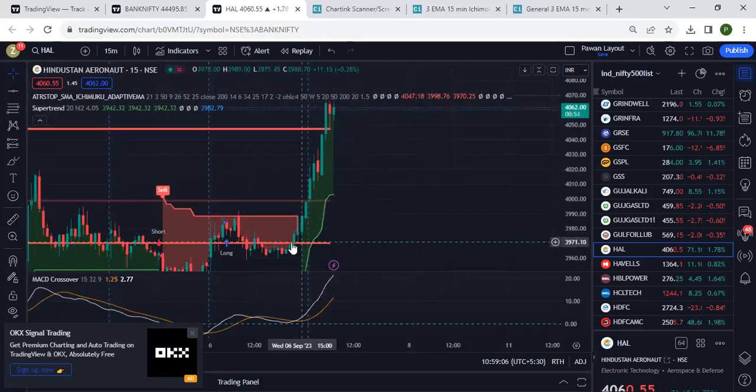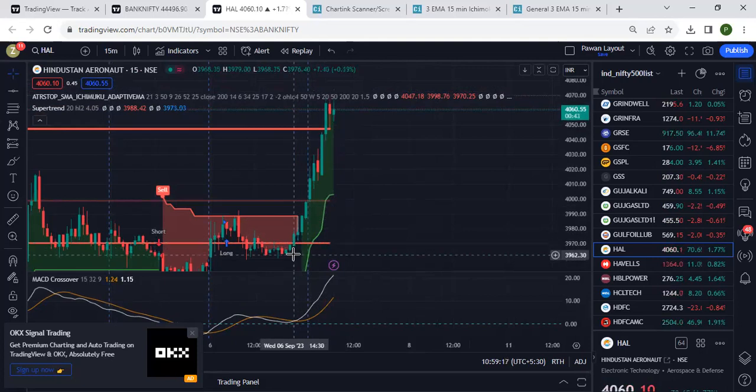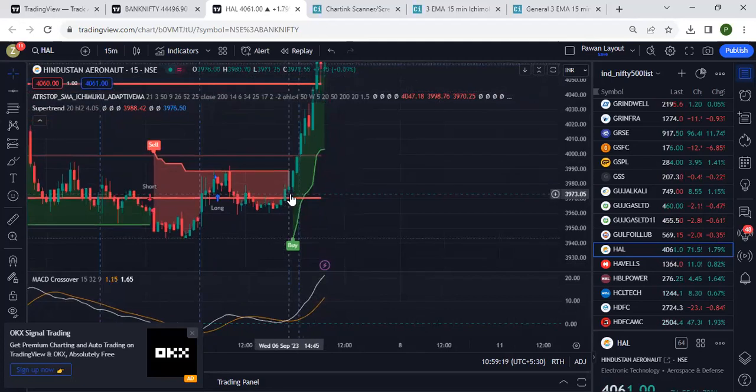MACD has given the signal at around 2:45 yesterday, but simultaneously the SuperTrend was in sell mode. So in that case, we will not enter.